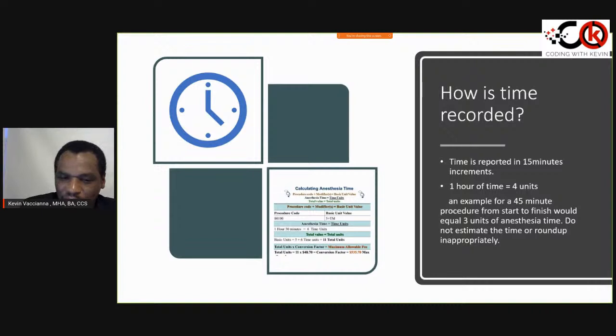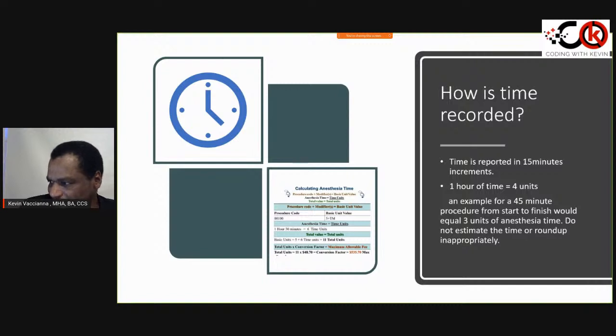Because time is reported in 15-minute increments for anesthesia. One hour of time equals 4 units. An example for a 45-minute procedure from start to finish would equal 3 units of anesthesia time.